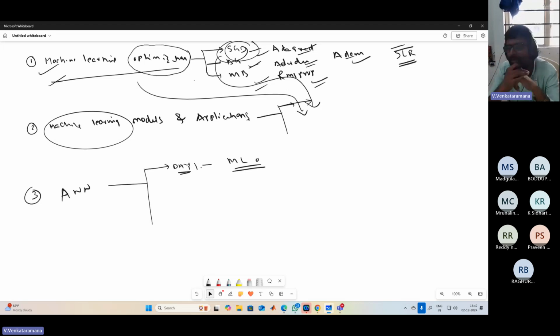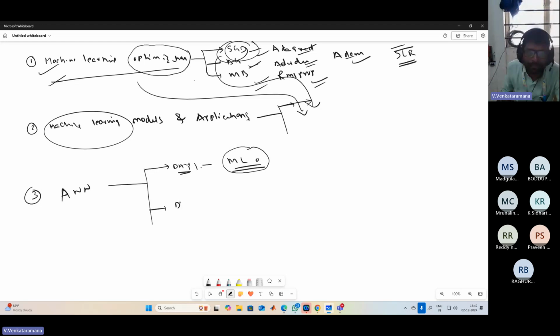That's why in every FDP or workshop related to machine learning or deep learning, we dedicate one session to optimization. So today, day 1, I concentrate on machine learning and deep learning optimization.